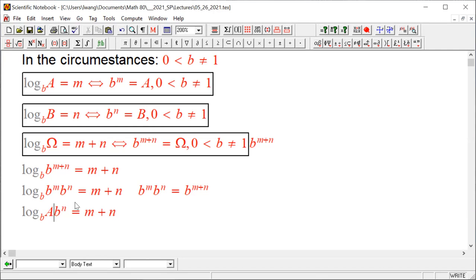B to the power n is a capital B. You follow me? So this product is right there, and this tells me that log base b of A times B is m plus n. What is m? M is this guy, isn't it? And n, what is n? N is this guy.